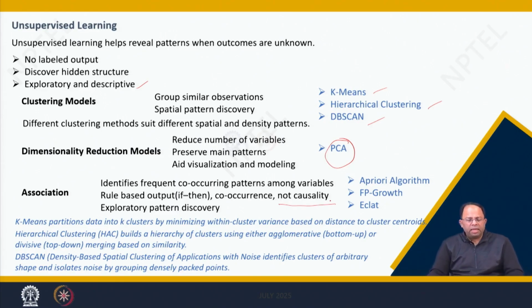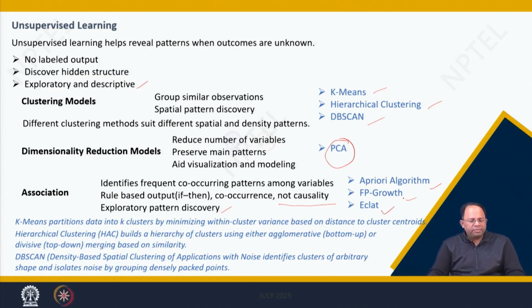But why they're together, whether one influences the other, we are not saying anything about. Then there is exploratory pattern discovery also, that is considered within the association group of models. So one model is the Apriori algorithm, then another is FP-Growth, then there is ECLAT. These are all different algorithms, and each one has its own requirement in different contexts, and we will discuss that when we go into details of these models.